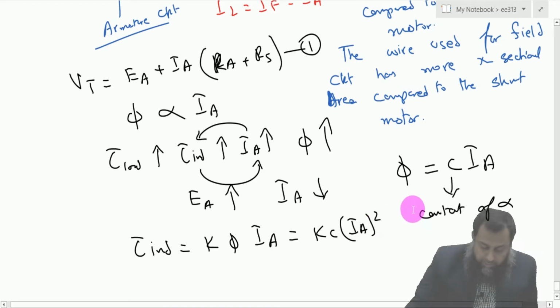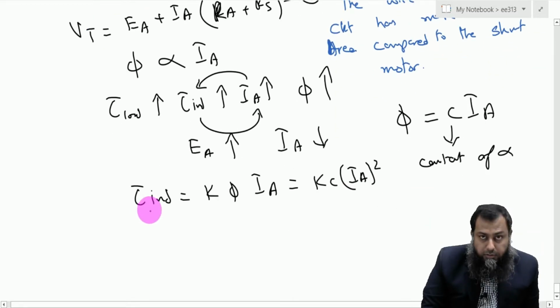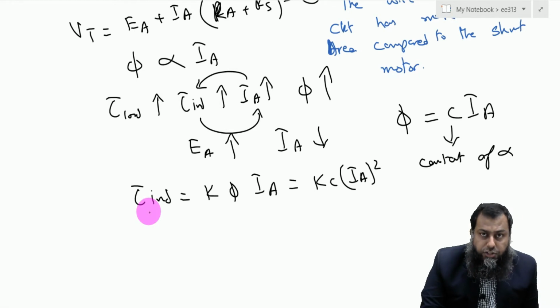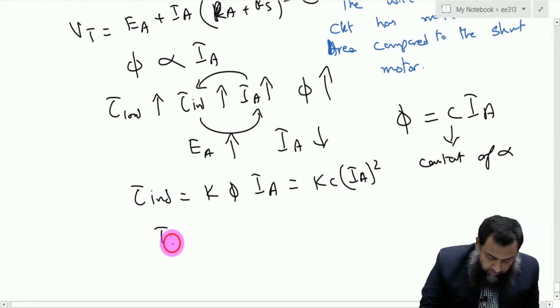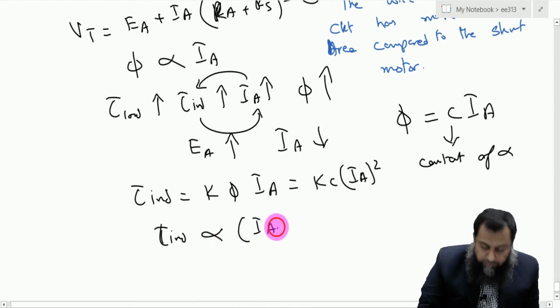This shows that the induced torque for a given amount of current in a series motor is more than the torque induced in a shunt motor of the same rating, because here the induced torque is proportional to the square of the current, I squared.